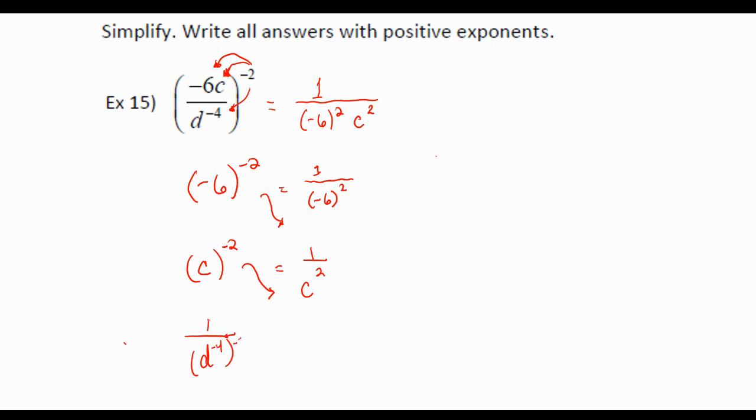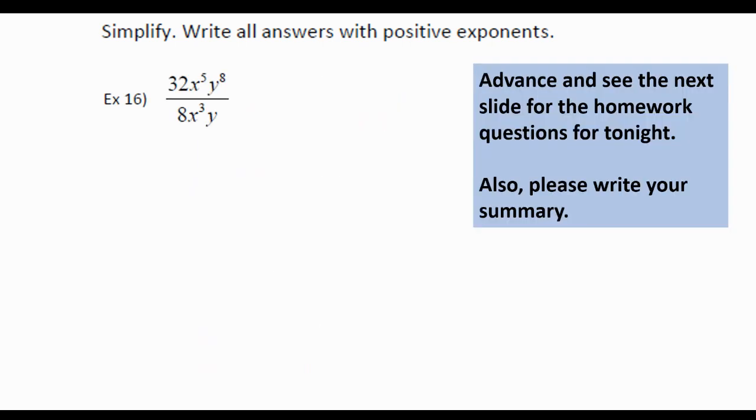And we need to apply a negative exponent to it. So you would multiply there. And what do you do with those 2 exponents? You multiply them. So this would become d to the 8 in the denominator. Okay.